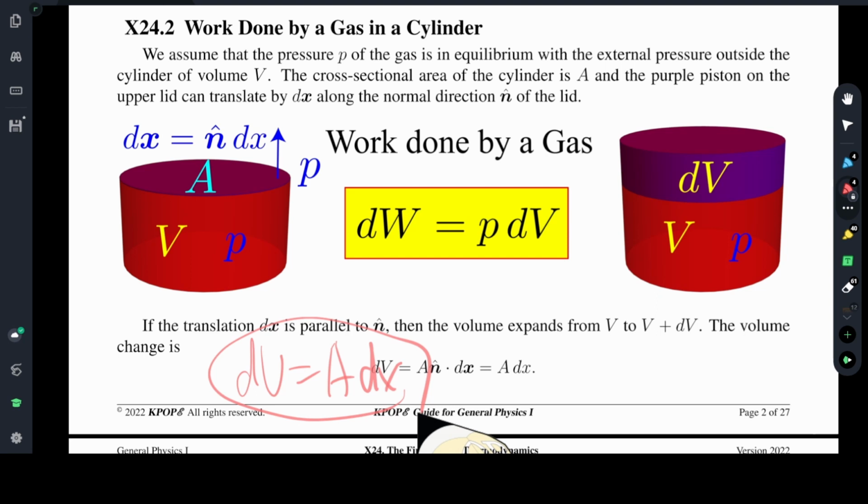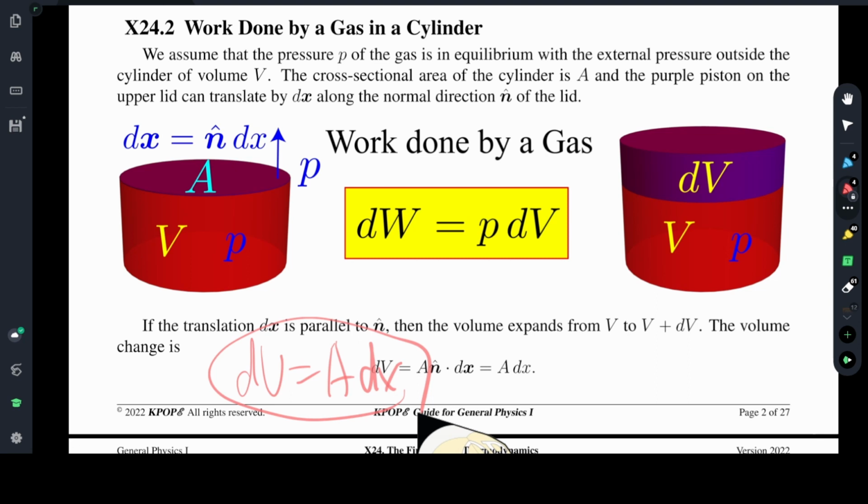Unless you consider an amount of gas from the surface of the Earth up to a few kilometers, a very large scale, we may have to consider the pressure change depending on the height.